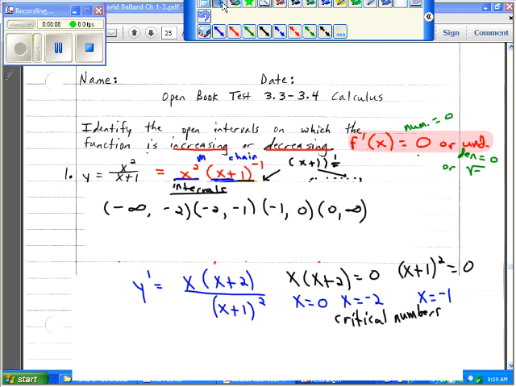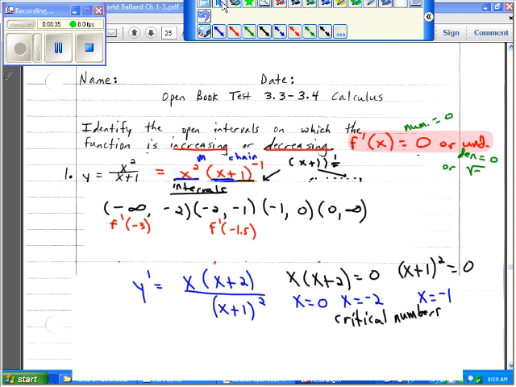To determine whether it's increasing or decreasing within that interval, we just need to choose a number within the interval. We could choose negative 3 within this first interval, so we would want to do f prime of negative 3. If we chose a number within the second interval, we could choose f prime of negative 1.5.